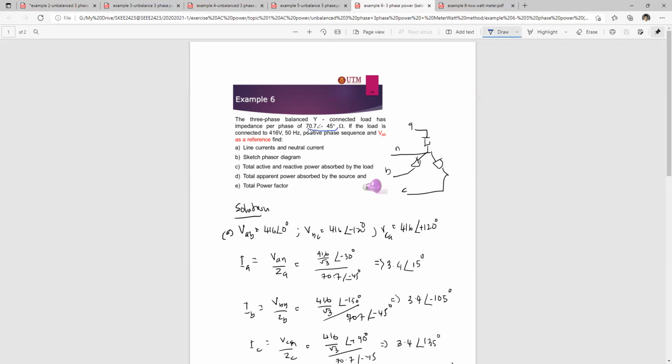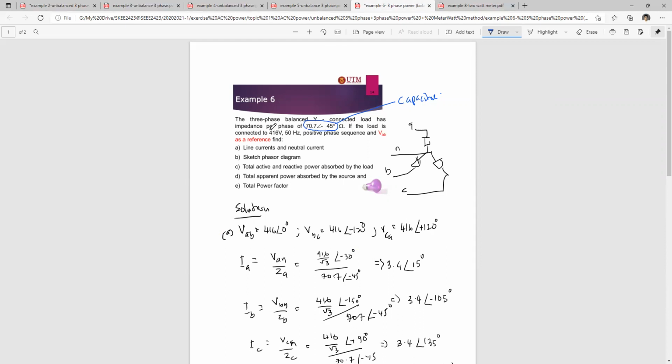Negative 45 means that your load is actually a capacitive load. The load is connected to a three-phase source of 416 volts, positive phase sequence, and VAB as a reference.